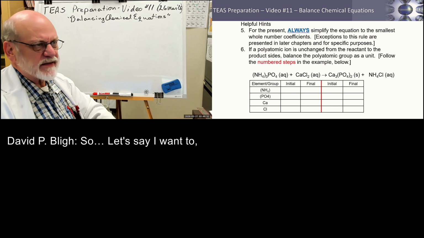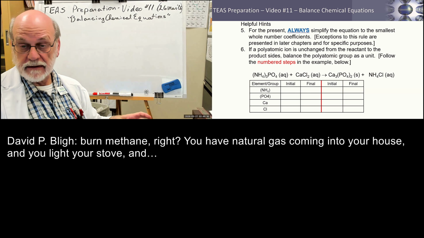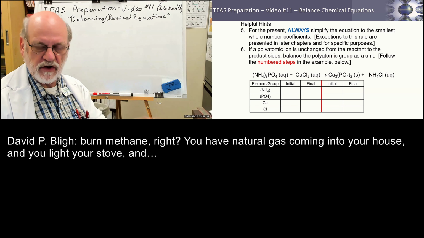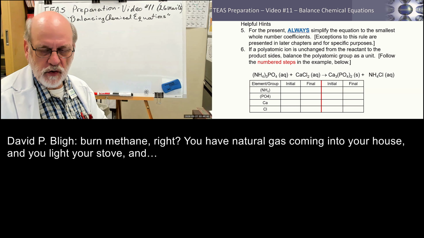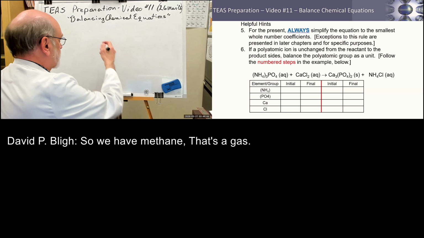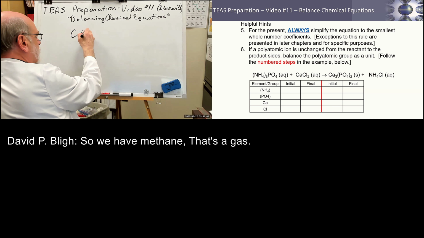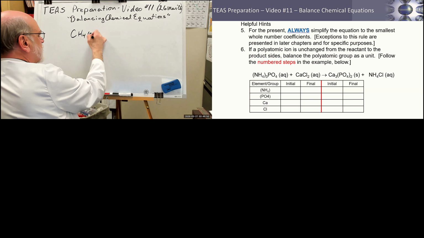So let's say I want to burn methane, right? You have natural gas coming into your house and you light your stove, and this is the reaction that occurs. So we have methane, that's a gas.